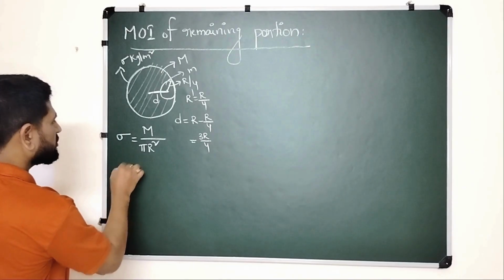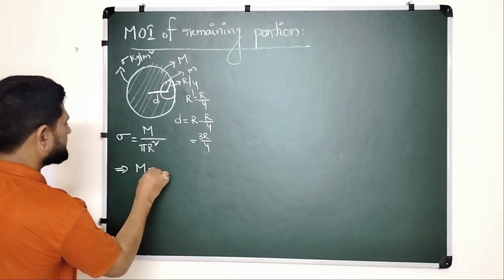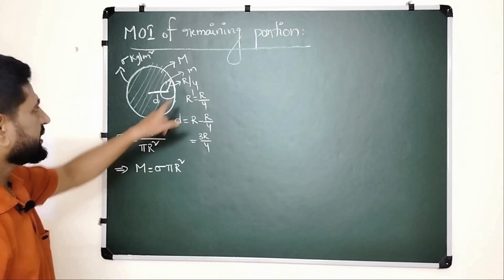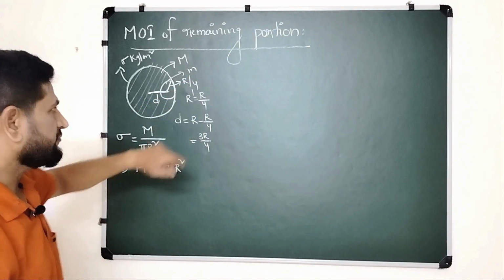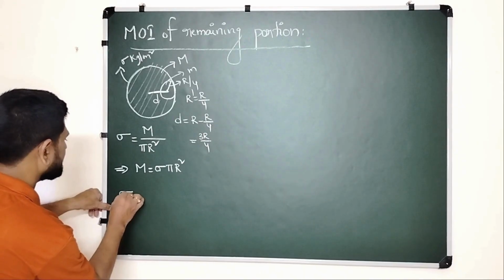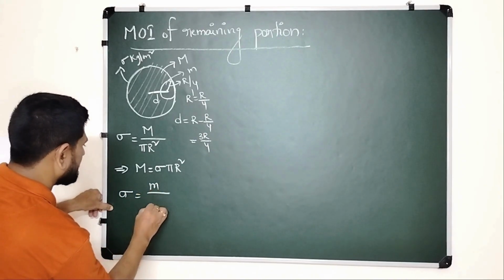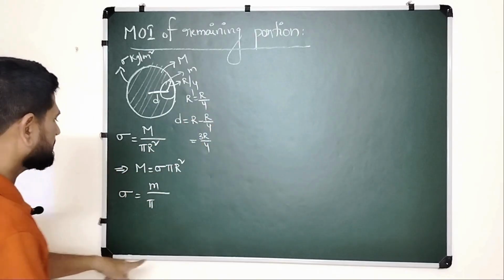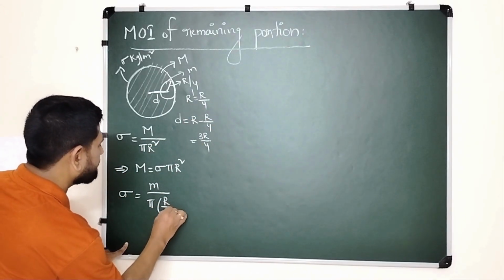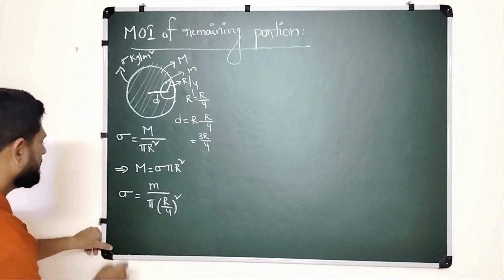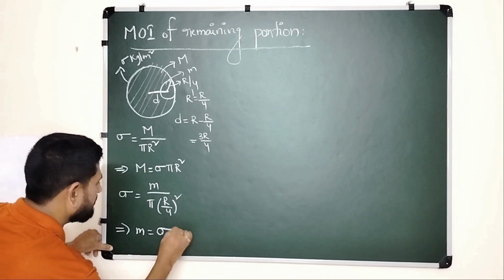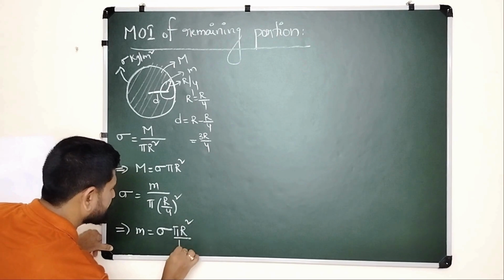From this, capital M is equal to sigma pi r square. Again, we need to find out the small m value. Sigma is equal to small m by pi into r dash, which is r by 4, so r by 4 whole square. From this, small m is equal to sigma pi r square by 16.